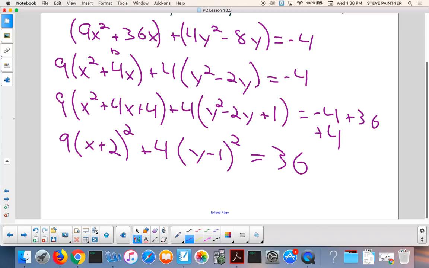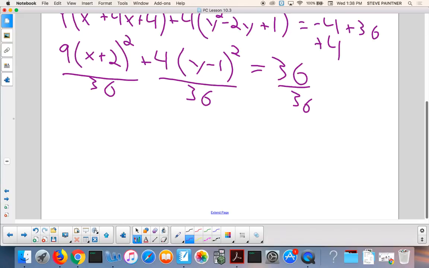Is this in standard form yet? No. What do we need to do to get it in standard form? Yep, we need a 1 on the right side of our equation. Divide everything by 36. How's this going to simplify?